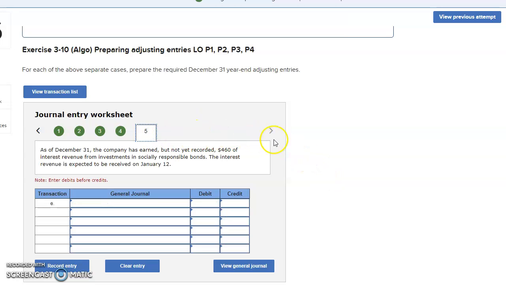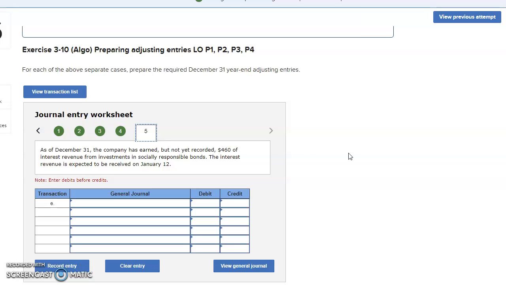The very last one says that as of December 31st, the company has earned but not yet recorded $460 of interest revenue from investments in socially responsible bonds. The interest revenue is expected to be received in January.